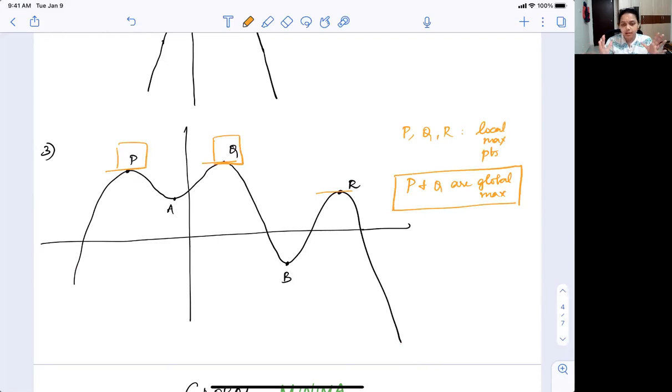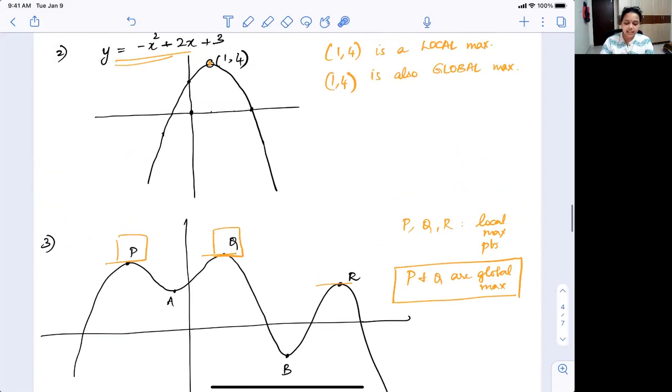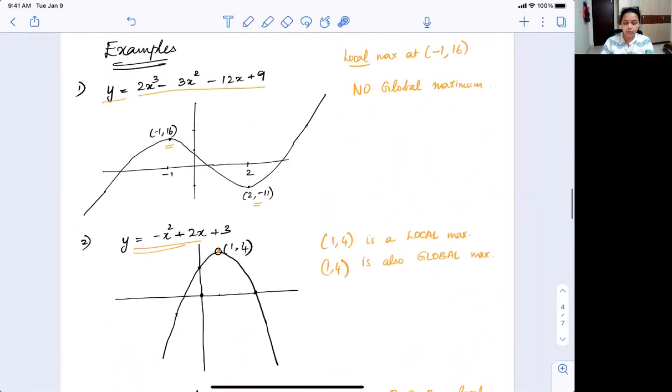So at least based on what we see here, you can say that P and Q are the global maximum here. Another way to think about this is if you are evaluating local and global maxima and minima in this particular range of the function, in this particular interval, then we clearly know P and Q are the global maximum. So that's the distinction between local and global maximum points.